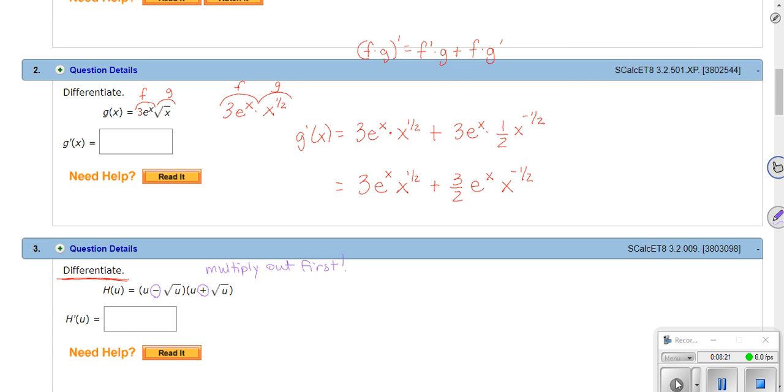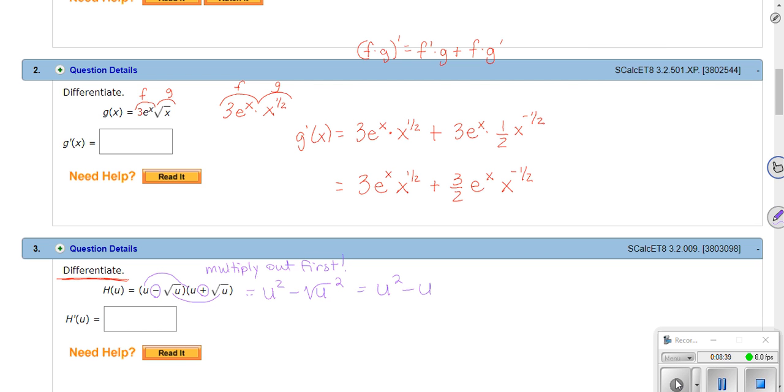If I multiply out first, I'm really just multiplying firsts and lasts. So this is going to give me u squared minus square root of u squared. Well, this is just u squared minus u, right?